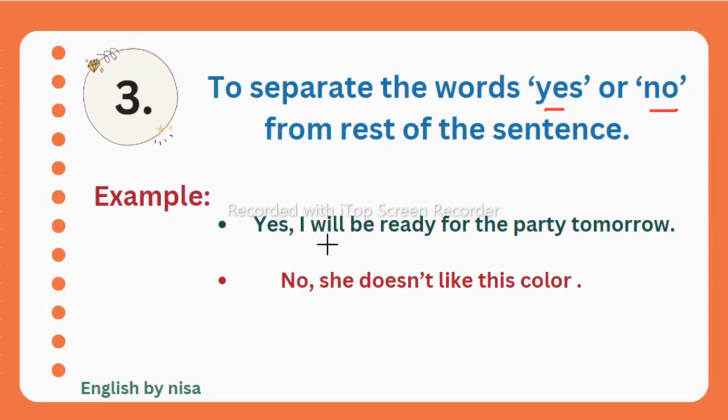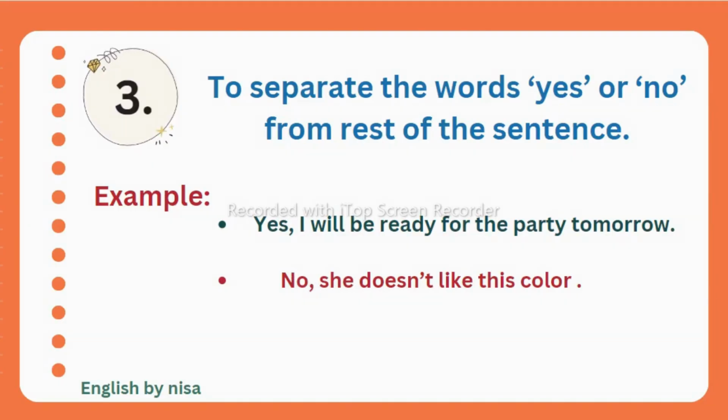So if you want to describe further, you have to put a comma after yes, then give your further answer. For example, yes, I'll be ready for the party tomorrow. It might be the question, are you coming to the party? So yes, comma, I'll be ready for the party tomorrow. So to separate this yes or no from the rest of the sentence, you have to put a comma. Then you give your whole sentence, whatever it is.